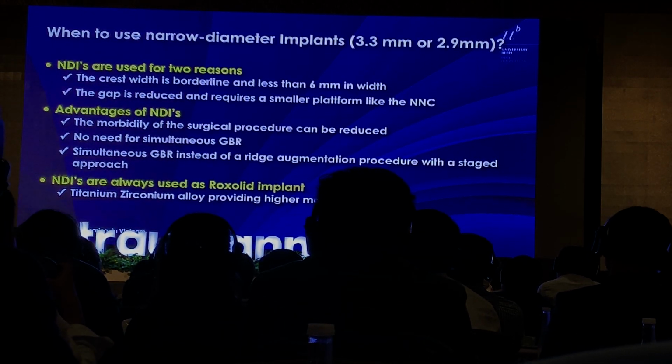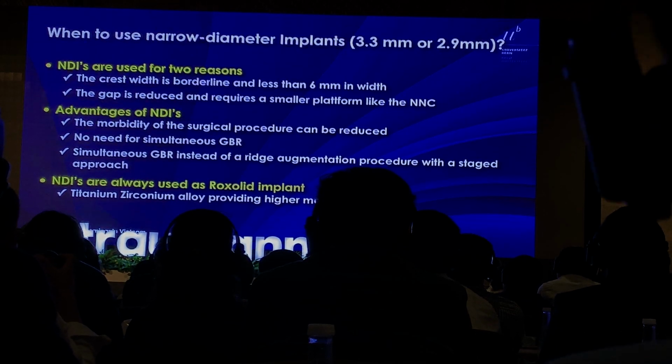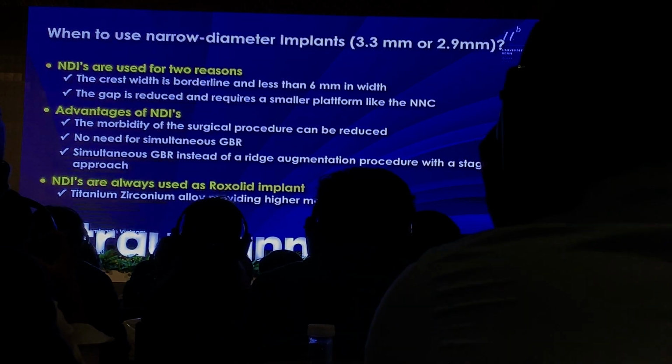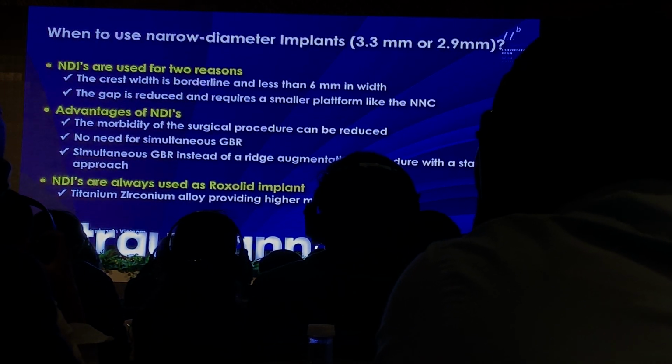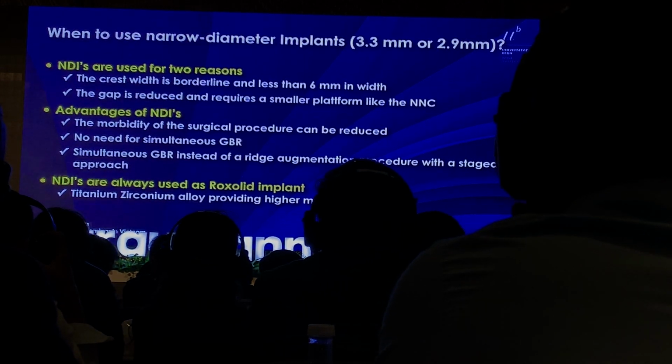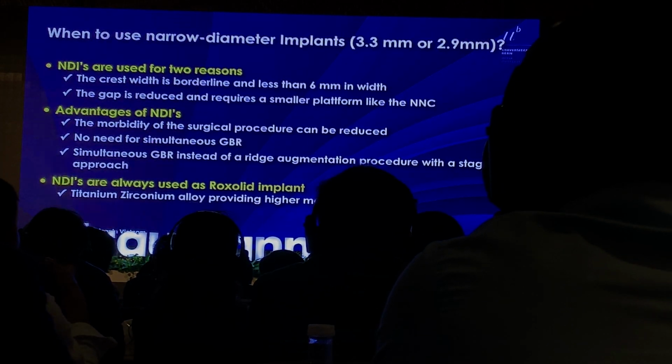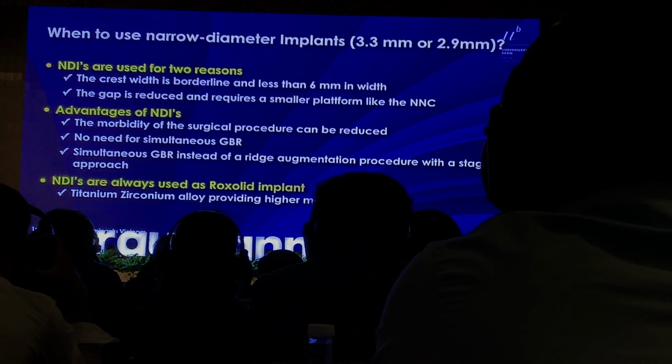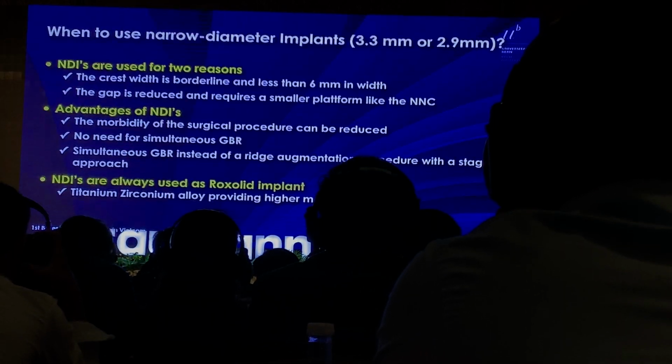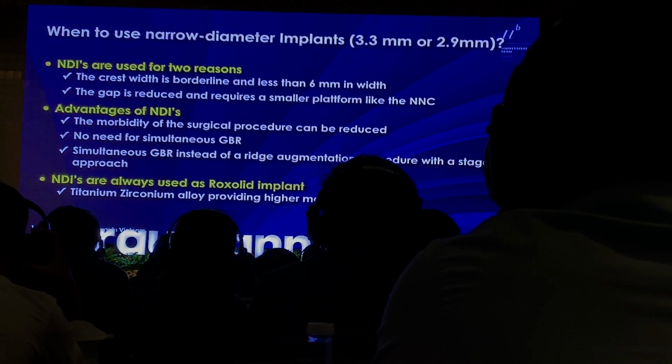That's a big advantage. Sometimes, when there is not enough bone and you take a small diameter implant, you have a chance to do the bone grafting then with a simultaneous GBR and not with a staged approach. Instead of having 2 surgeries, it's only 1. That's a big advantage for the patient, and so on.